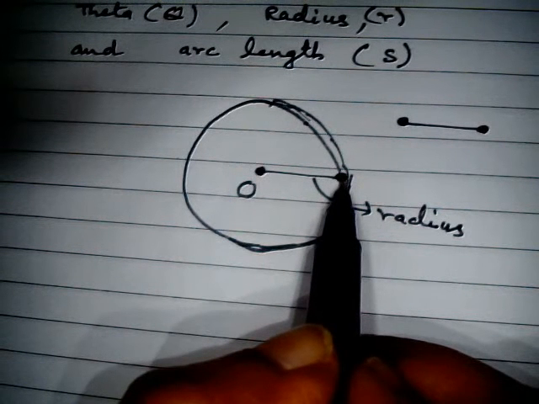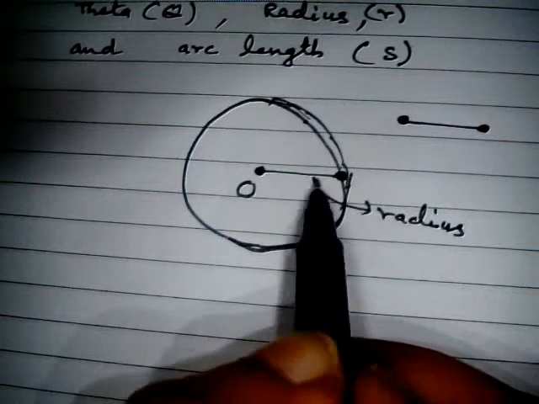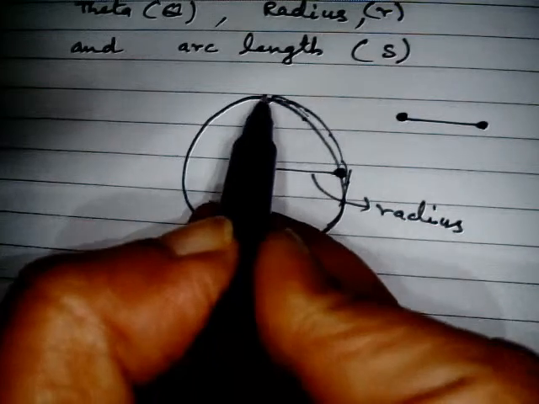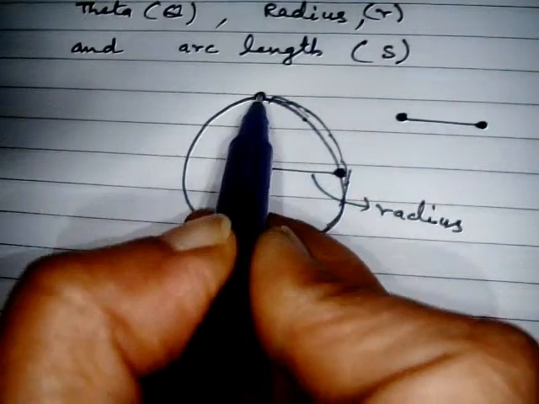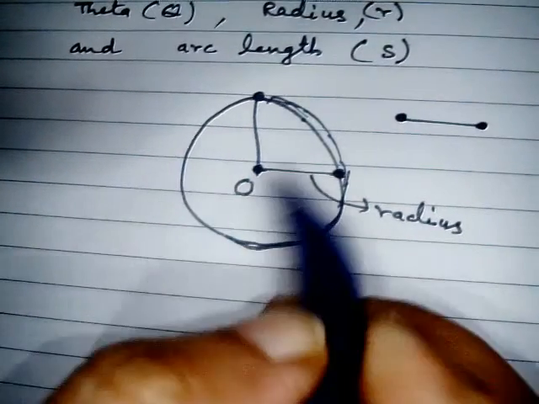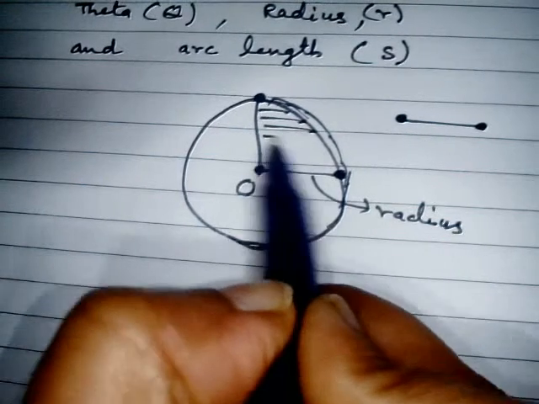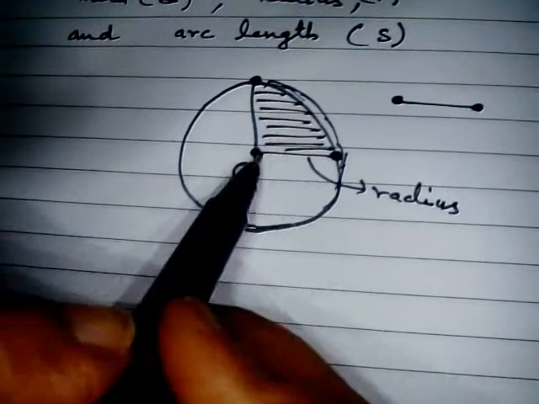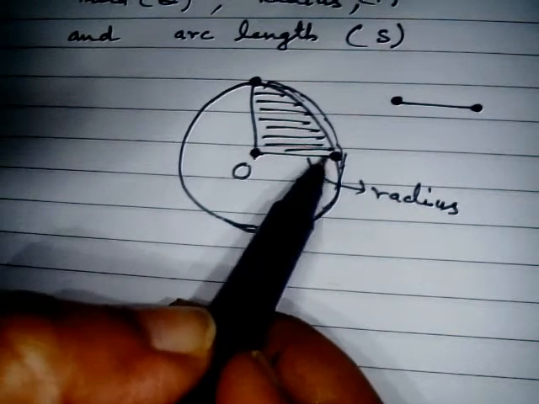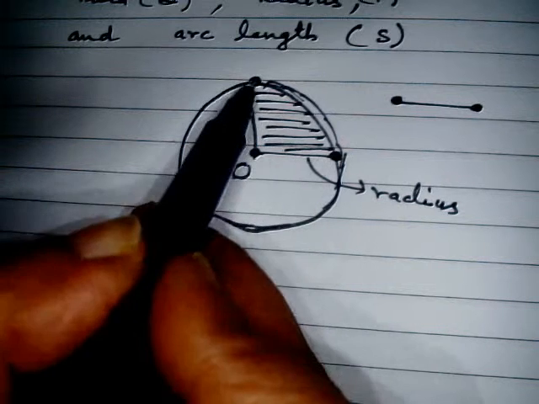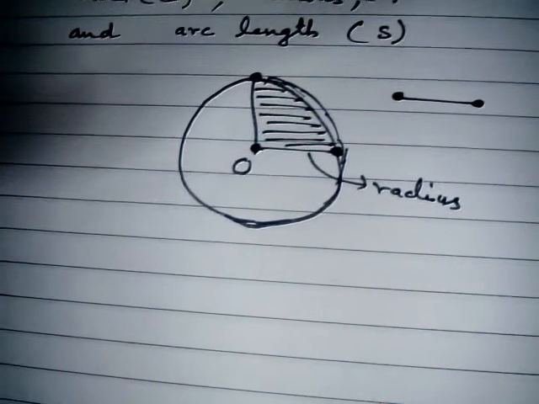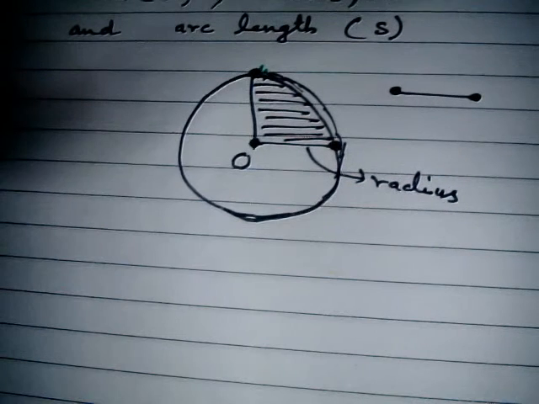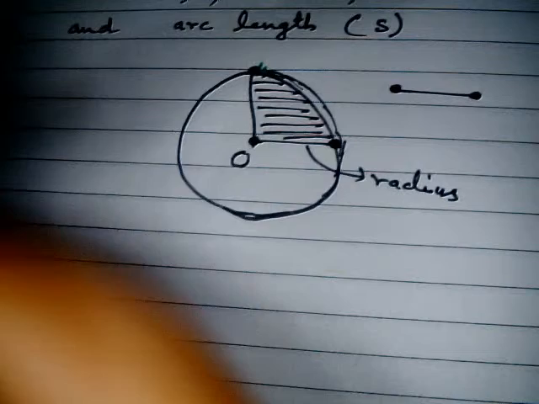Okay, when this line starts rotating and suppose it comes over here, this is the part covered by the radius when it moved from this position to this position. This is the arc length.